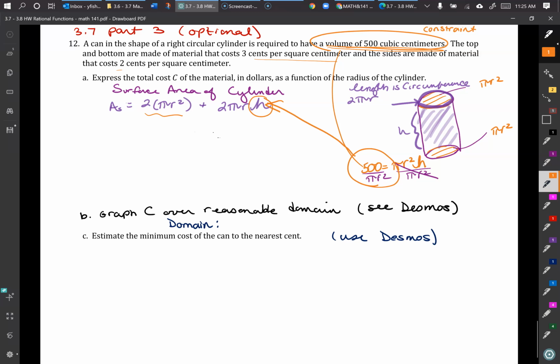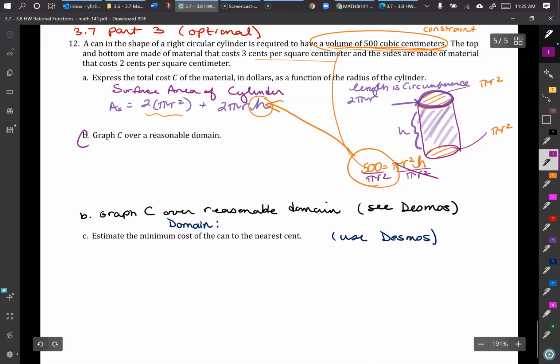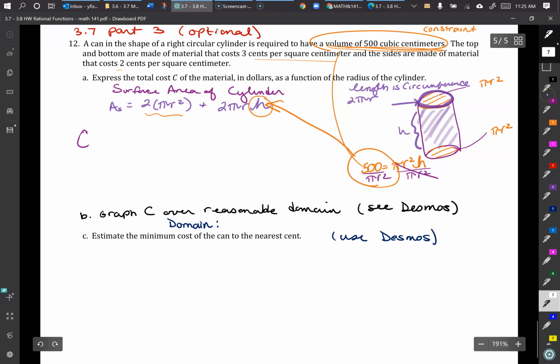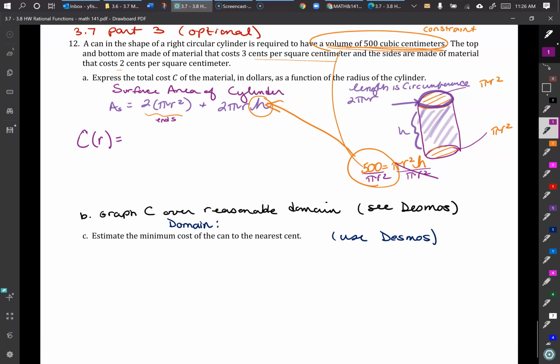Meanwhile, I'm going to look at my cost function and start writing that out. I'll just get rid of that other part of the question that I don't need. I just moved it down to give us more room. So we have cost of r. So this is the ends here, the 2 pi r squared, and that's 3 cents per square centimeter.